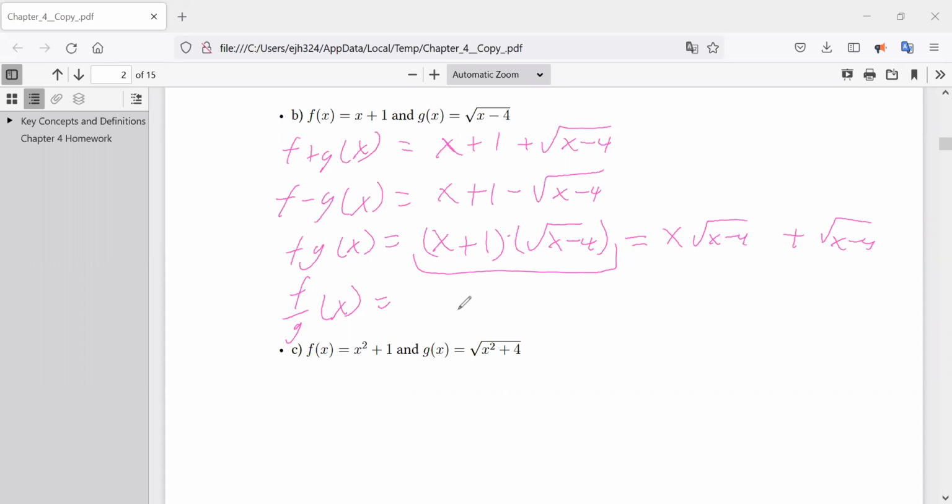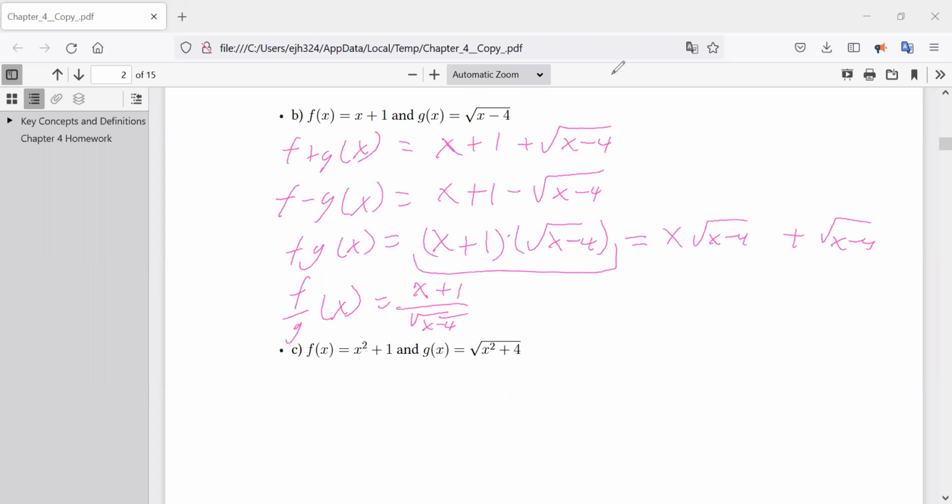Student: And for the last one, would it be x plus 1 over the square root of x minus 4? Exactly, that's perfect. You can't really simplify this one at all.